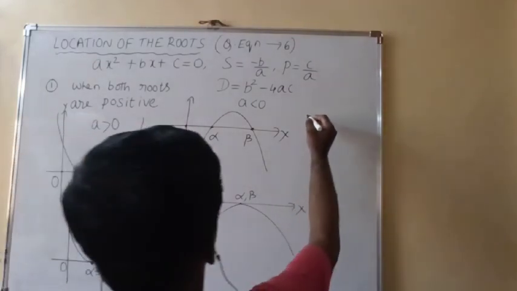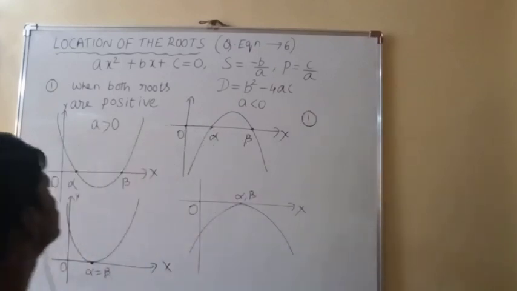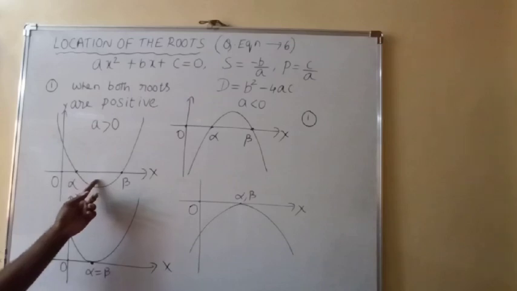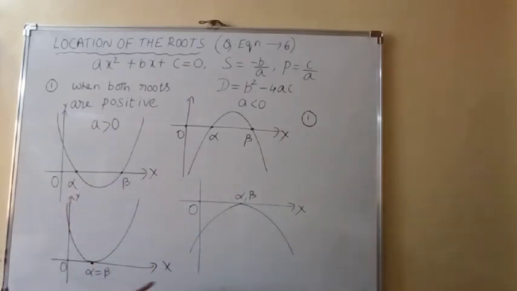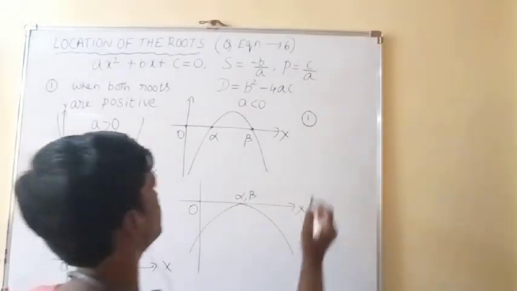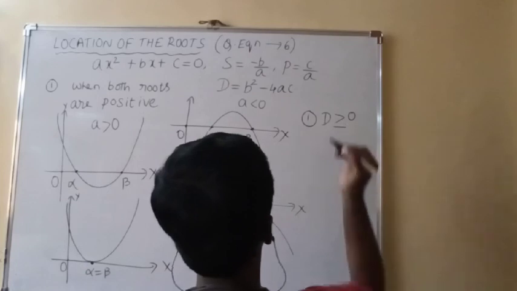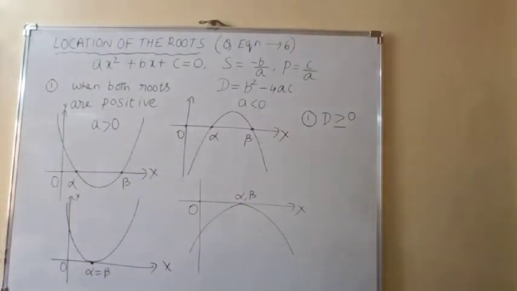Okay. So if you observe, the roots may be distinct or equal. In these 2 cases roots are distinct, in these 2 cases they are coincident. So that means the discriminant of this quadratic must be either greater than 0 or equal to 0. Next, the second condition, both roots are positive.